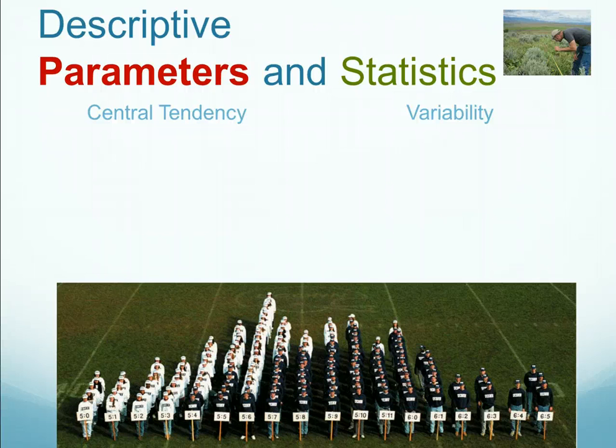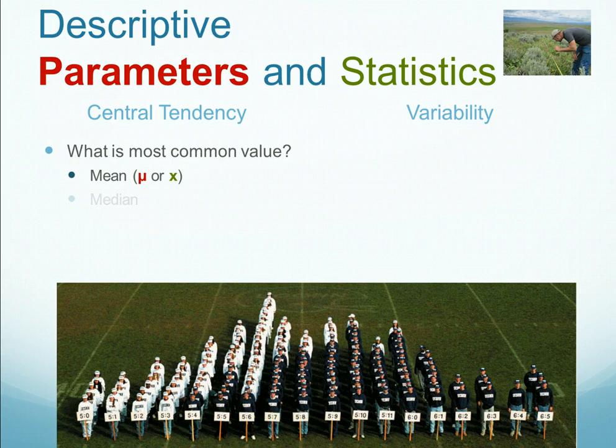Now, when we're trying to describe our populations and samples, we use parameters and statistics, mostly focusing on central tendency and variability. With central tendency, we're interested in what is the most common value.